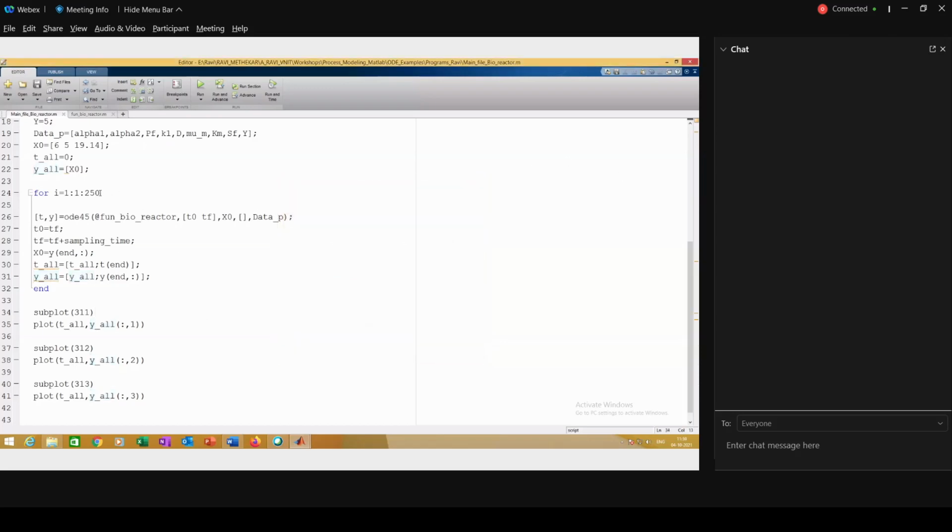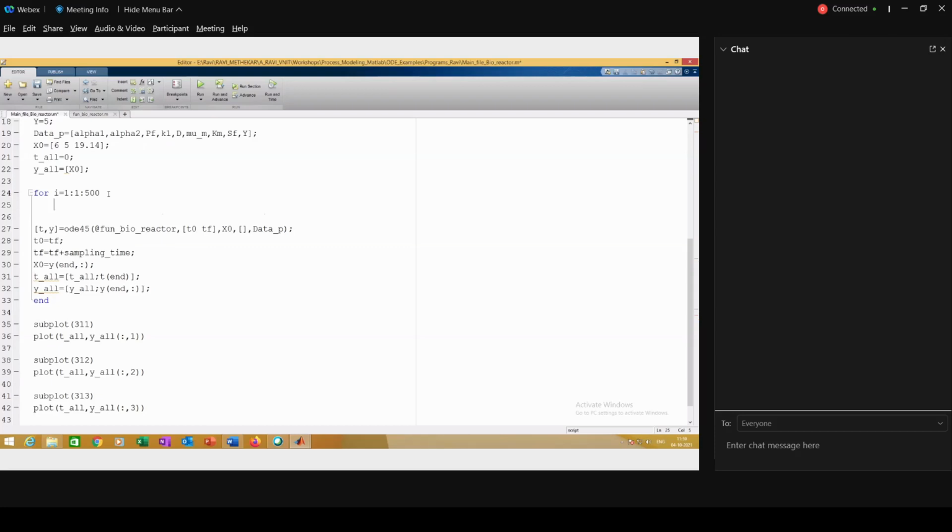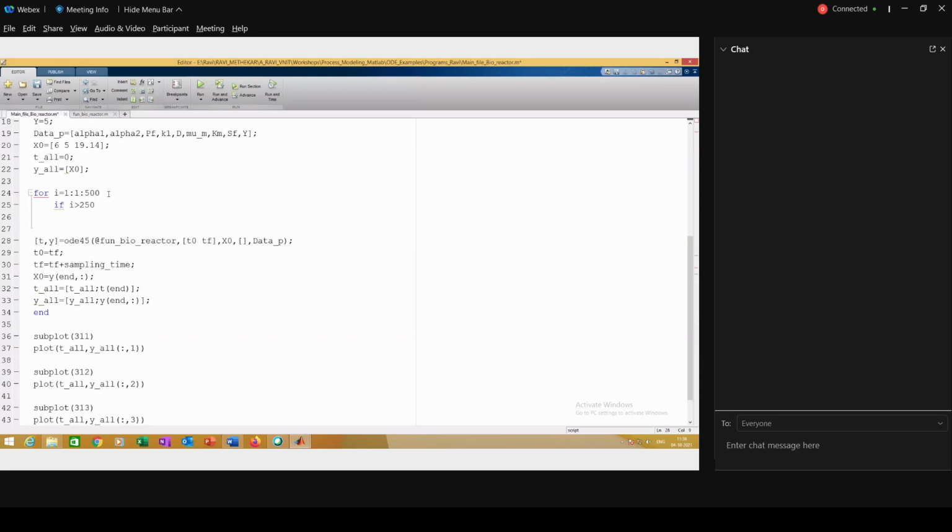So 30th is fine. Now what I'm going to do is make it 500. Okay, fine. And then, if i is greater than 250, what do I need to change? data_p. Which parameter of that?